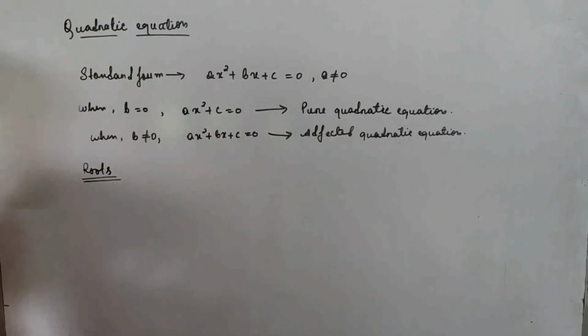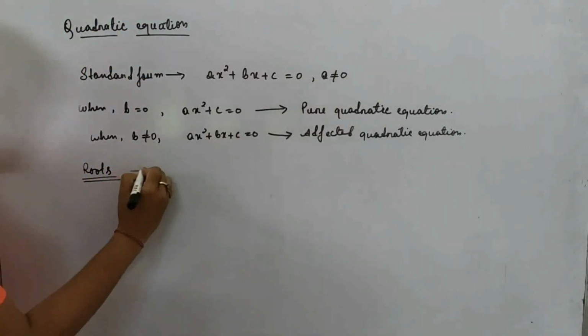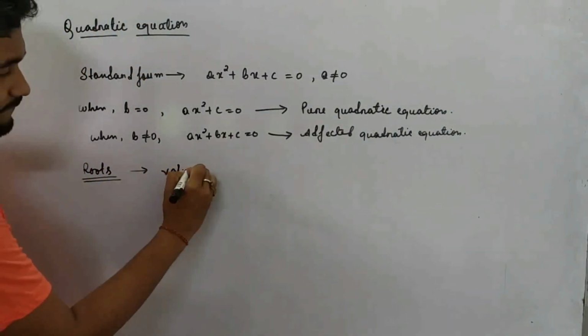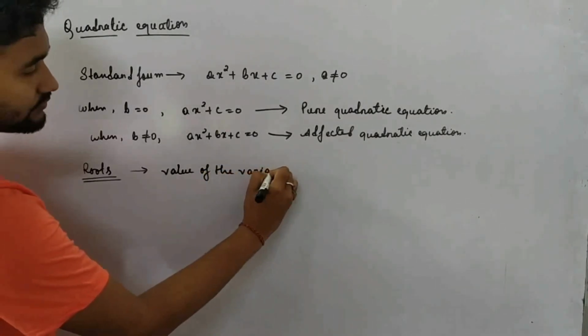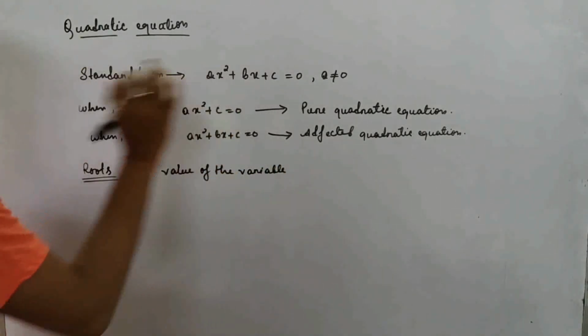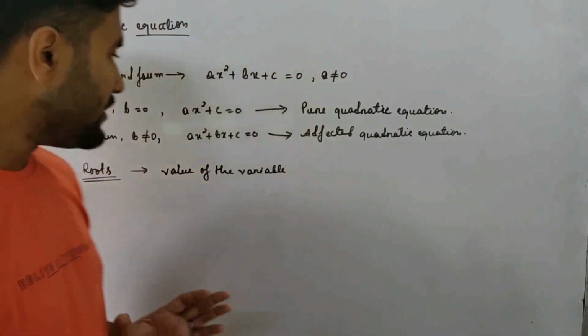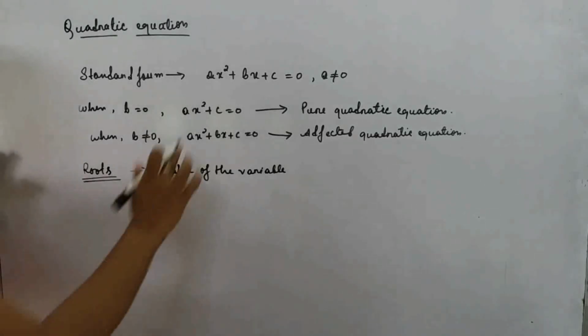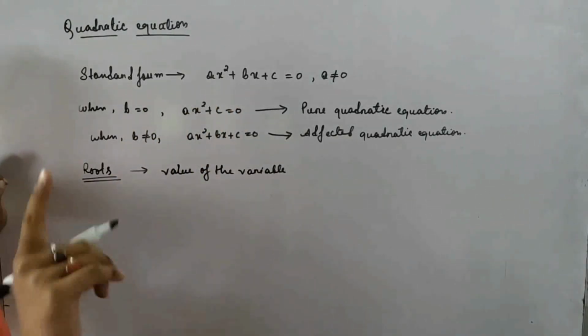What is roots? Roots is nothing but the value of the variable. The variable over here is x, so the value of x, that is your roots. How many roots will you get? 2 roots. Why? Because the degree is 2. Since the degree is 2, you will get 2 roots.